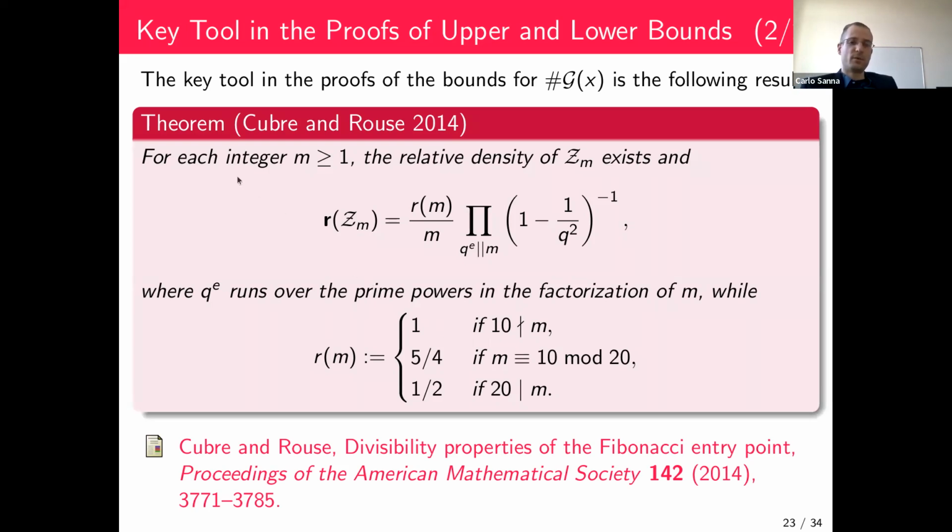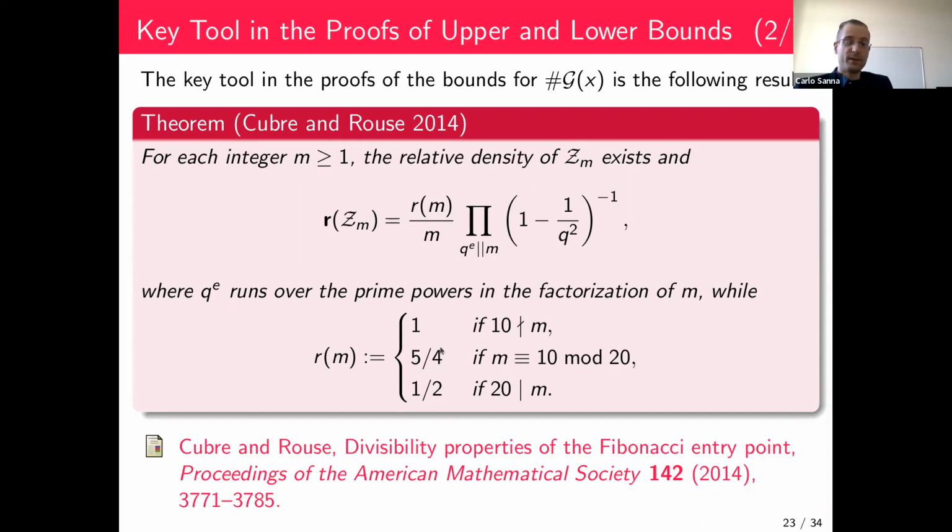It says that for each positive integer m, the relative density of Z sub m exists, and it is given by this expression, where, as you can see, essentially we have a multiplicative function which is given by the product, but there is this correction factor R of m, which is equal to 1, or 5 over 4, or 1/2, depending on the residue class of m mod 20.